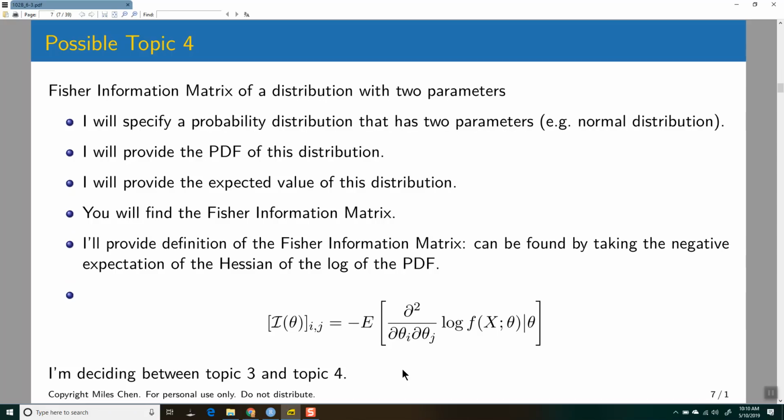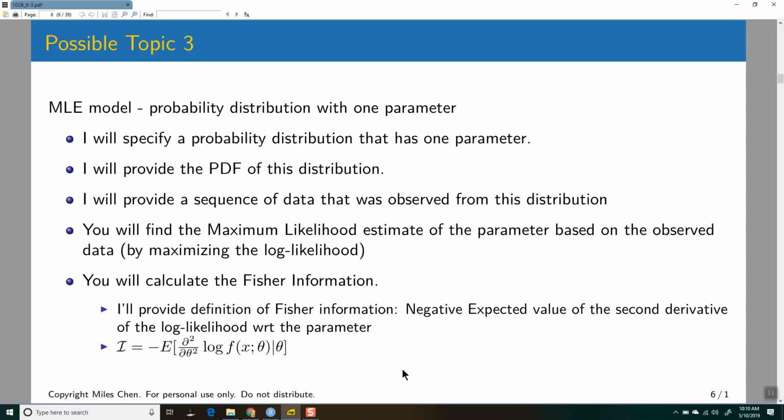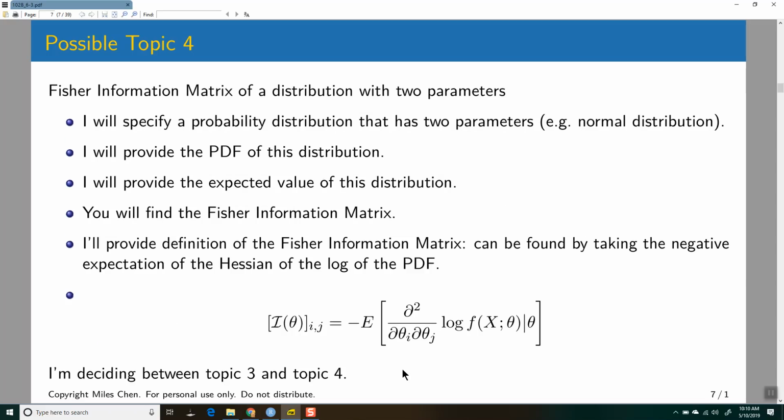would be having you find the Fisher information matrix of a distribution with 2 parameters, okay? So if I do this one, it's going to be a distribution with 1 parameter. This one will be a distribution with 2 parameters, something like the normal distribution.